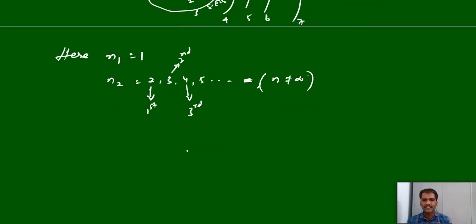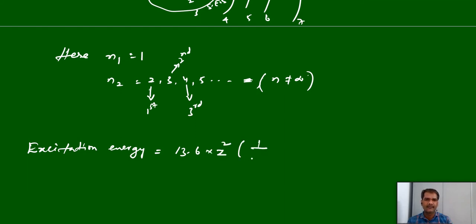Now, how to calculate the excitation energy? Excitation energy is nothing but the energy difference between the two shells only, that is the first shell and the final shell. We know that the energy difference is equal to 13.6 Z square into (1 by n1 square minus 1 by n2 square). In the last class we derived this.